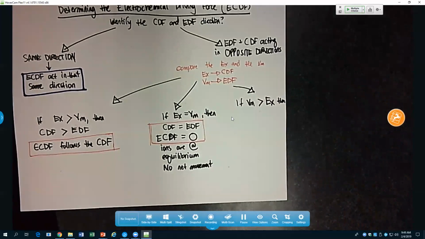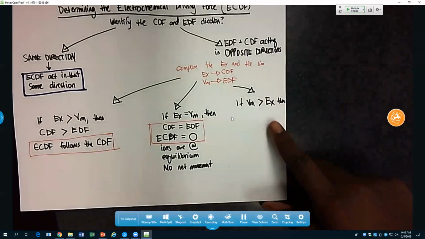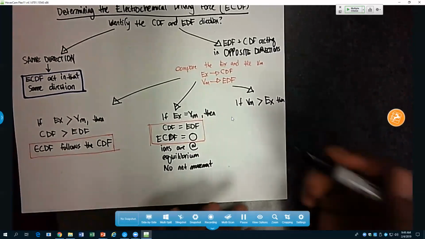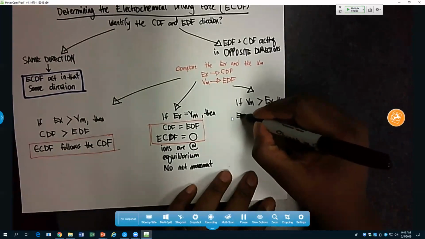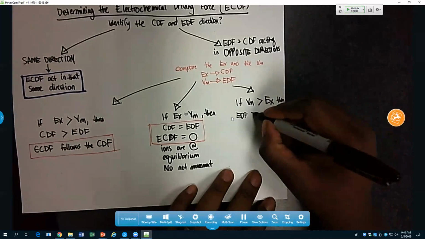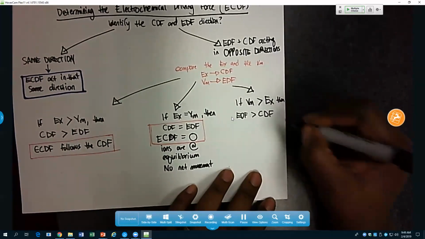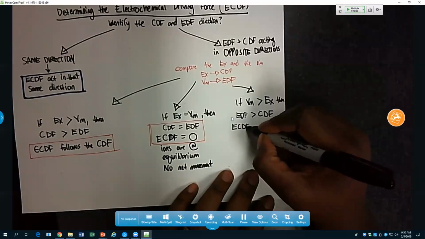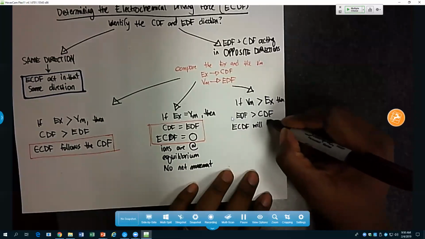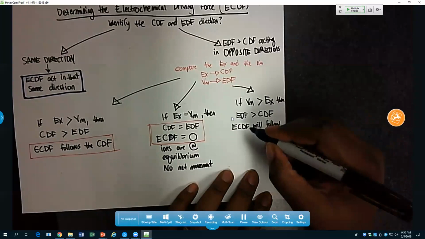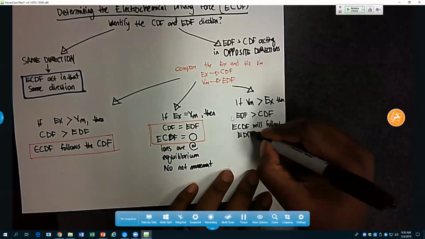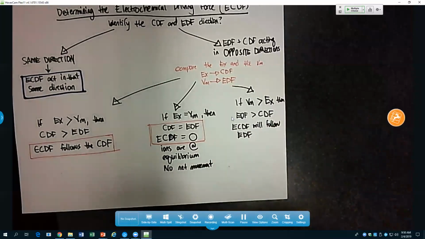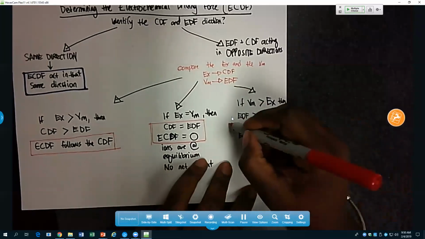This is the electrical driving force. So if the membrane potential is bigger than the equilibrium potential, then the electrical driving force is the dominant force. It's going to be greater than the chemical driving force. And then the electrochemical driving force will follow the direction of the electrical driving force.